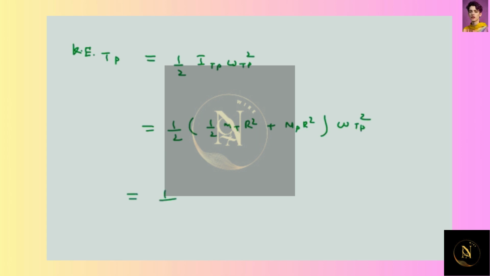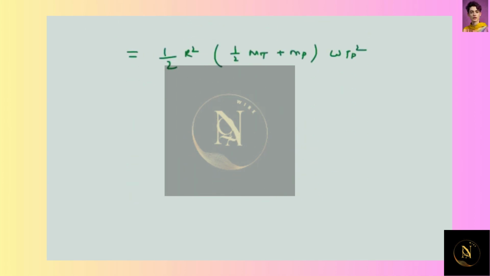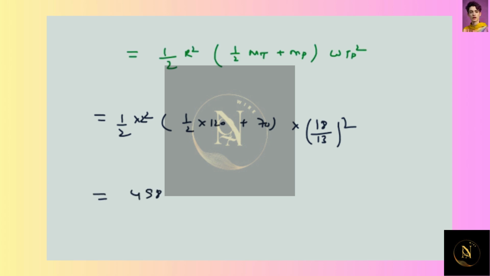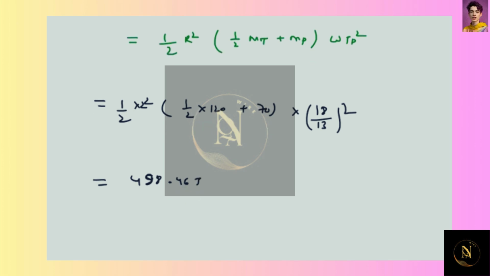So this value will be equal to 1/2 r² (1/2 m_t + m_p) ω_TP². On solving it further, it will be 1/2 multiplied by 2² multiplied by (1/2 × 120 + 70) multiplied by (18/13)². So finally you will get the answer as 498.46 joule.